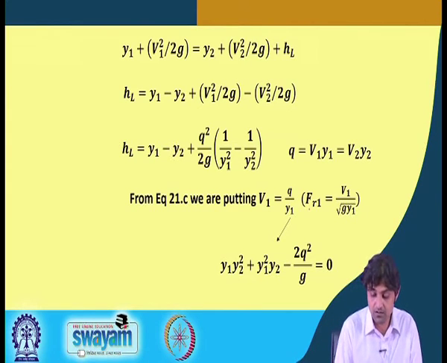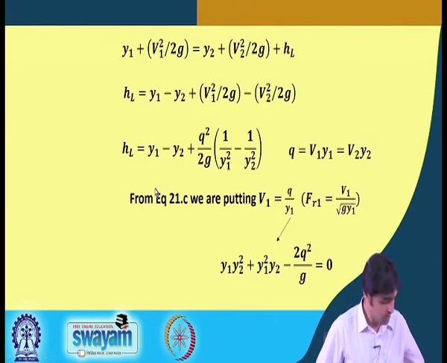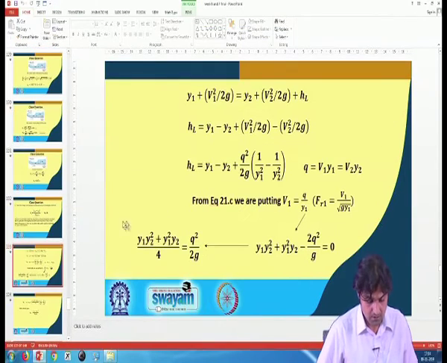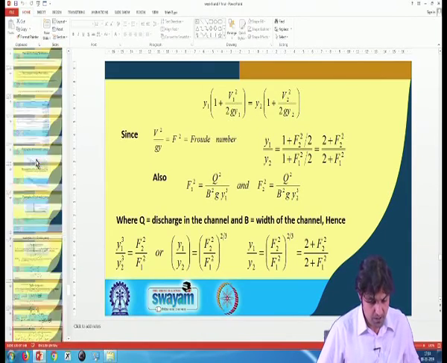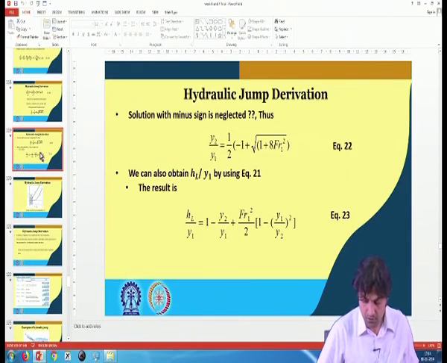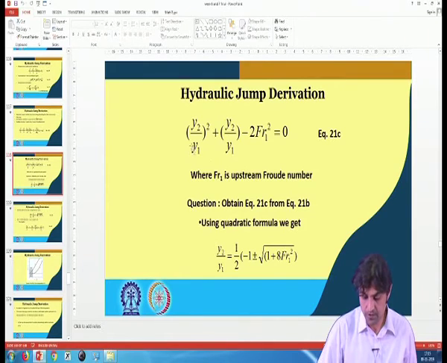So, this one you see, you go back to the equation 21C. It is important to show you. This is the equation 21C: y2 by y1 whole square plus y2 by y1 minus 2 Froude number 1 whole square is equal to 0. All right.